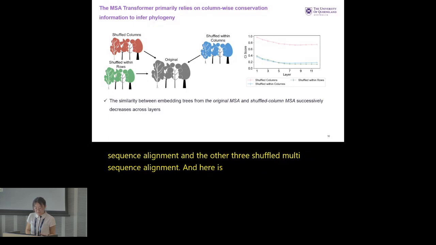We first find that the similarity between the embedding tree generated from the original multi-sequence alignment and the shuffled column multi-sequence alignment successively decreases across the layers. So in this step, we just compare this tree with this tree.